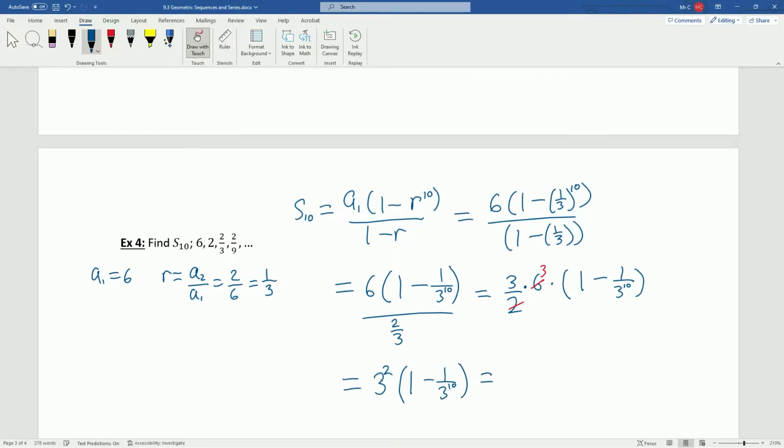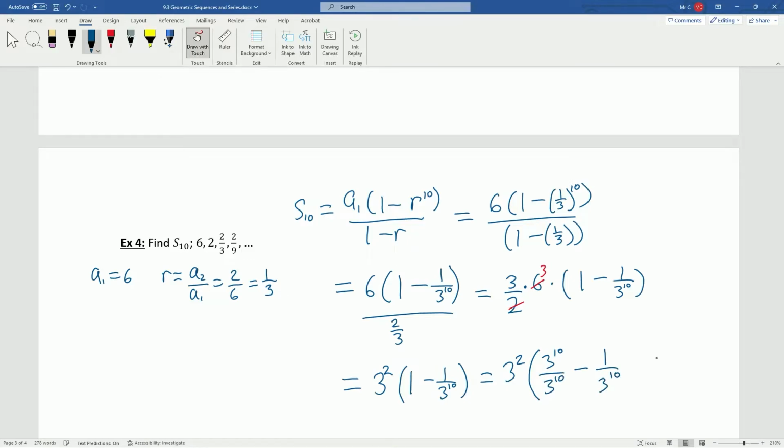Okay, so now I'd like to be able to distribute this and simplify it, but it's going to be easier for me to do that if the first thing I do is find a common denominator inside here. So this becomes 1 is 3 to the 10th over 3 to the 10th. I'll break this up into smaller steps here for this first example.